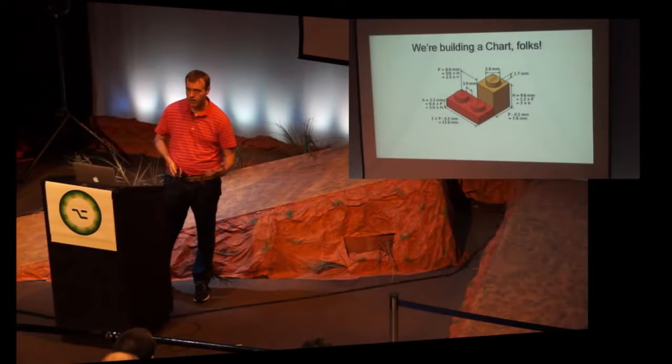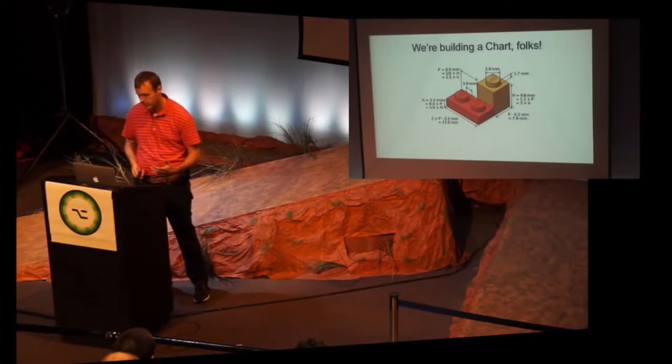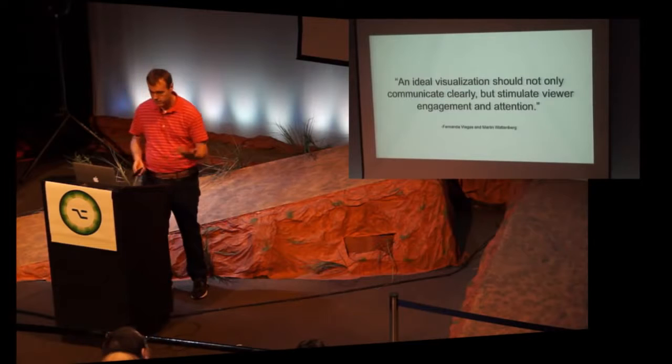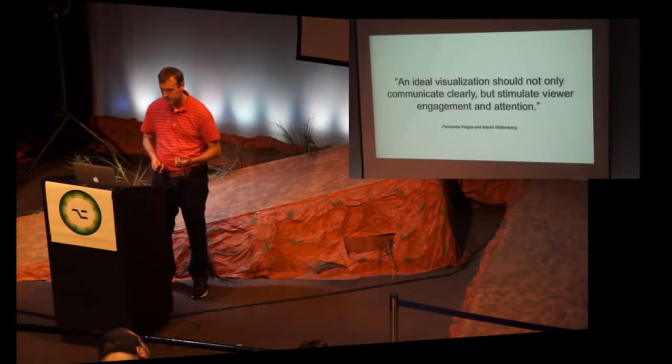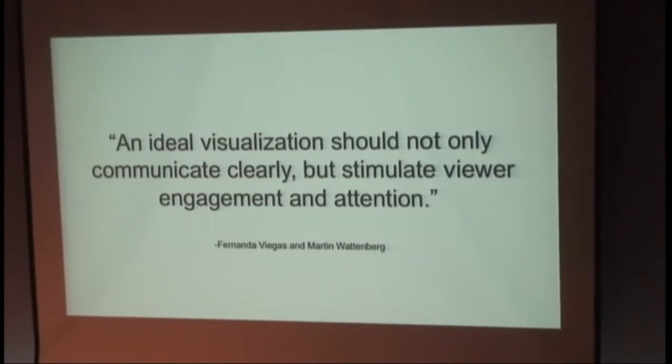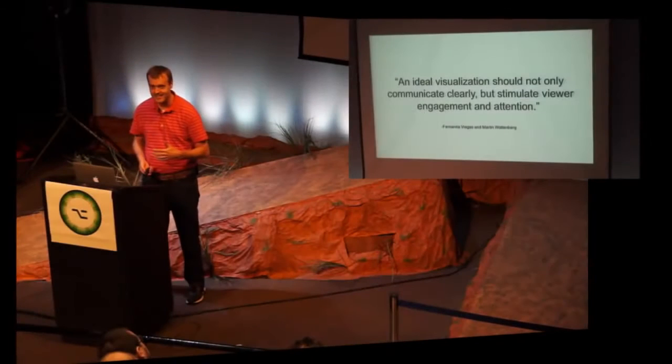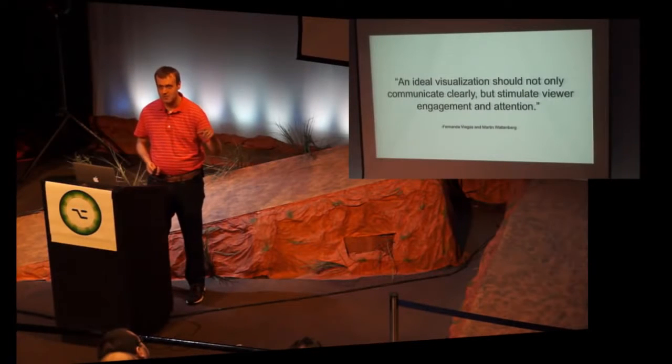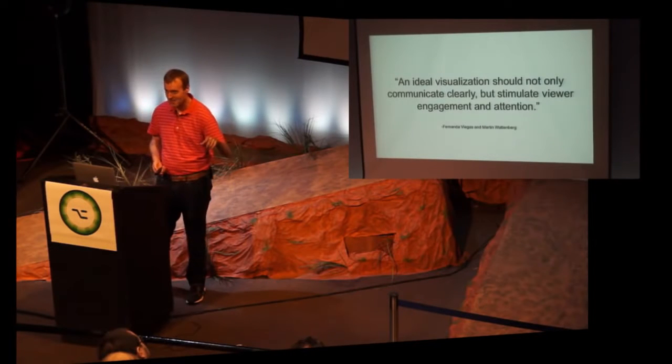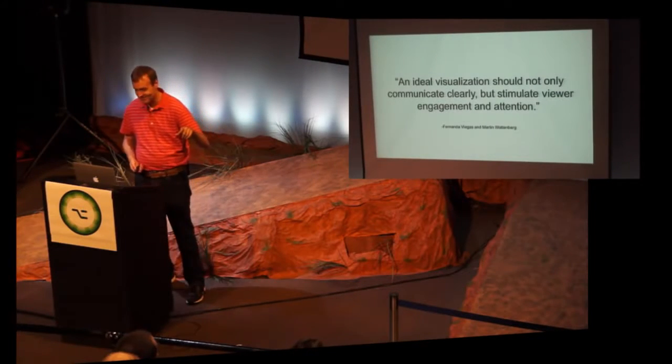We kind of started off with a quote: an ideal visualization should not only communicate clearly, but stimulate viewer engagement and attention. This is by Vilegas and Wattenberg. When I broke this down in developer terms, it was: chart should be pretty, API should be simple. So that was the developer in me talking.